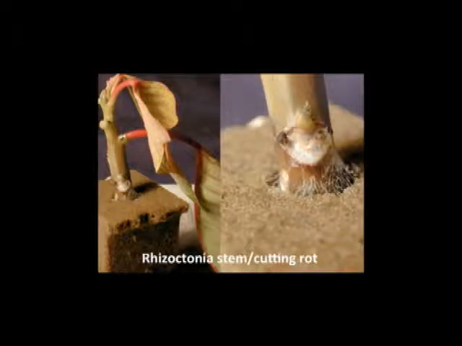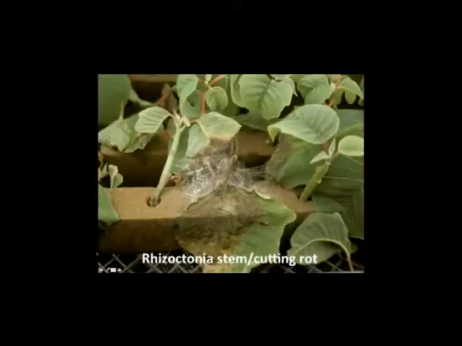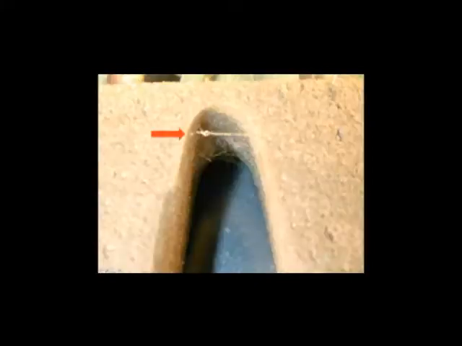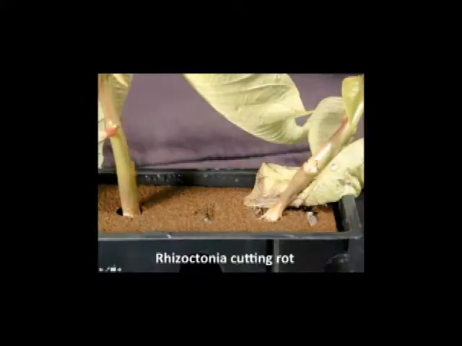And I'm going to forward my slide. It's not forwarding, so I've pressed it twice. Okay. Rhizoctonia stem and cutting rot can also be commonly found on leaves. I see. So I must have a really long delay, because it seems like it's fairly slow.